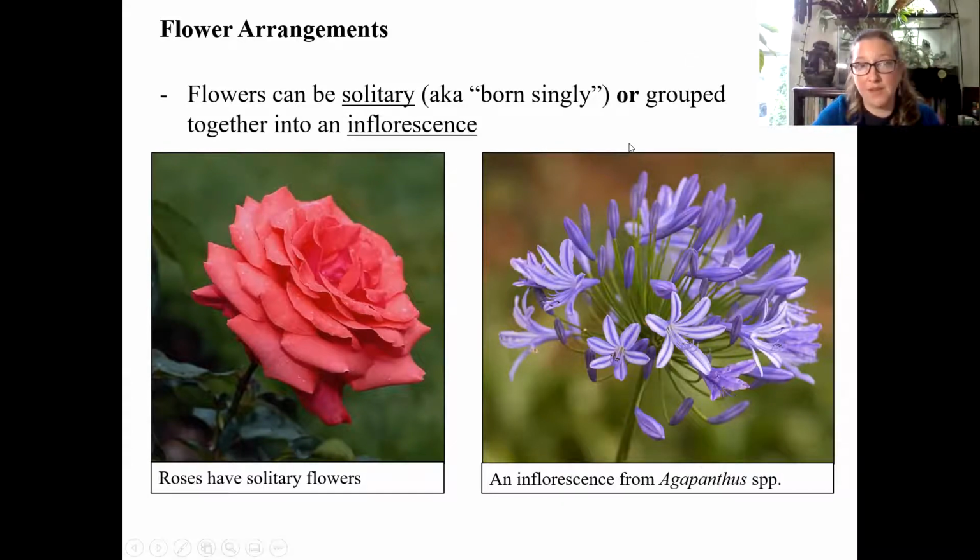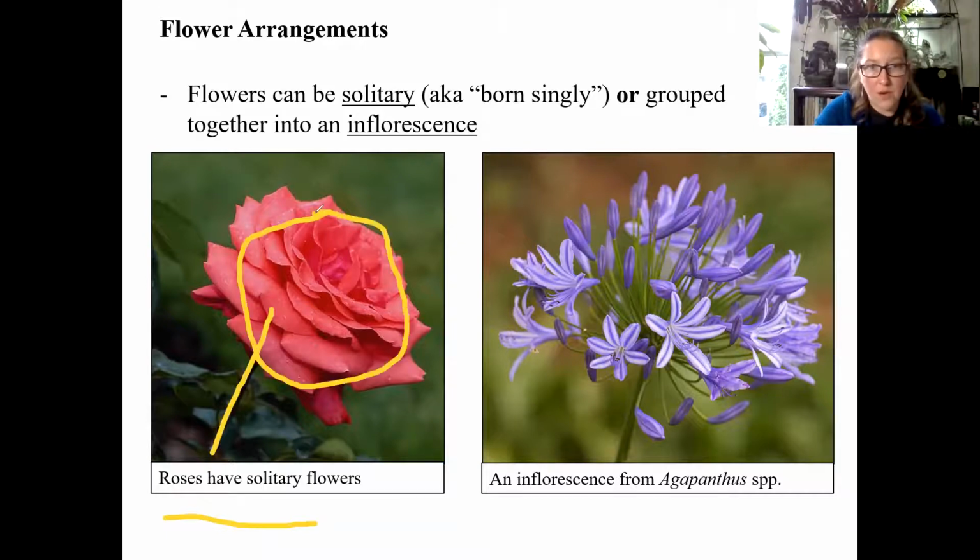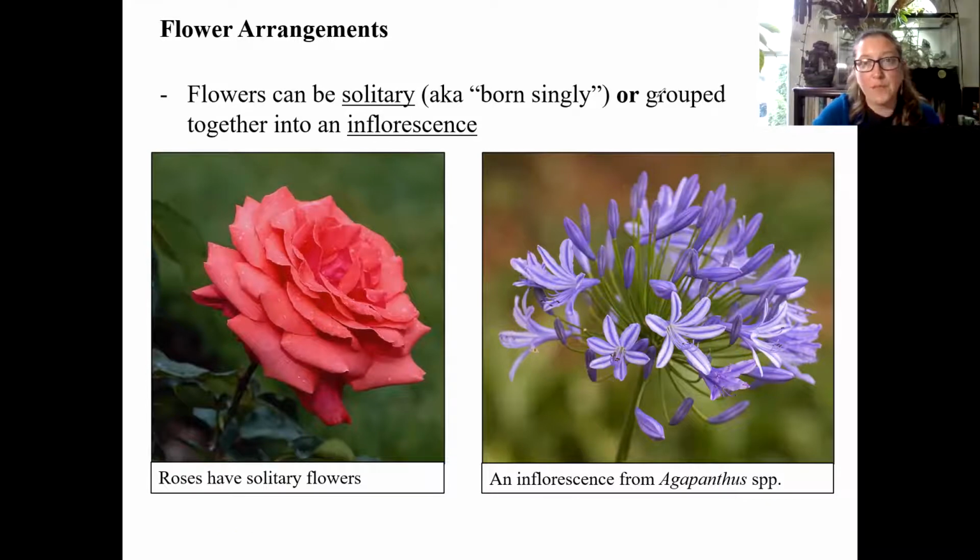So some plants have flowers that are solitary, also known as born singly. For example, this rose. Here's a stem, here's one flower, right? Comfortable with that. Other plants have groups of flowers together, and when that's the case, we call that whole thing an inflorescence.